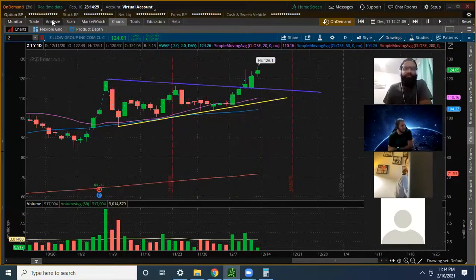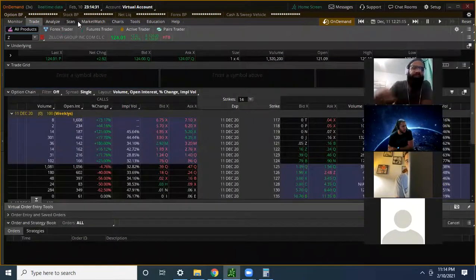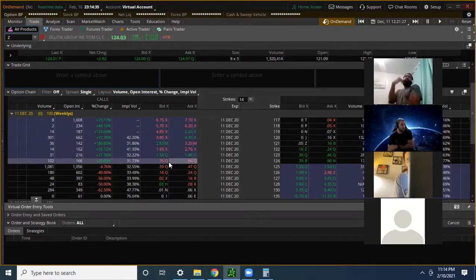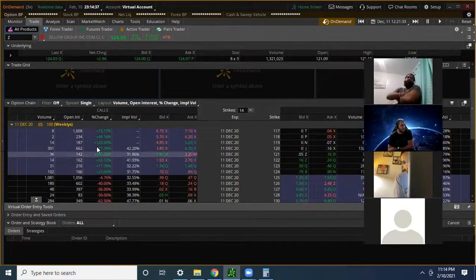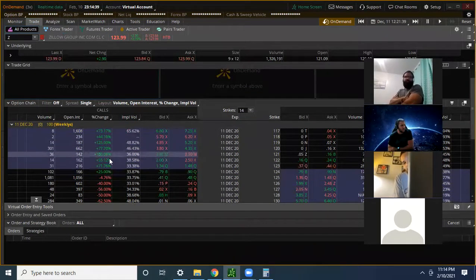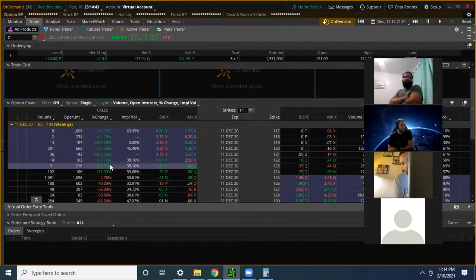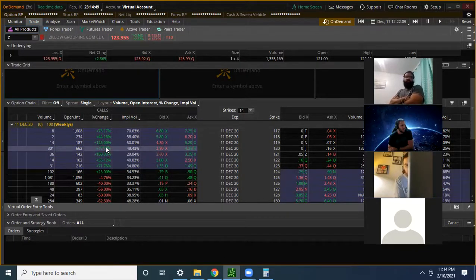So one contract is in control of 100 shares. That's leverage. So that's why you see all these crazy percentage increases, because one contract is in control of 100 shares. So if your stock goes up $1, you didn't make $1, you made 100.